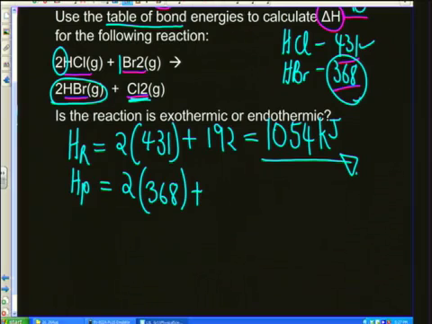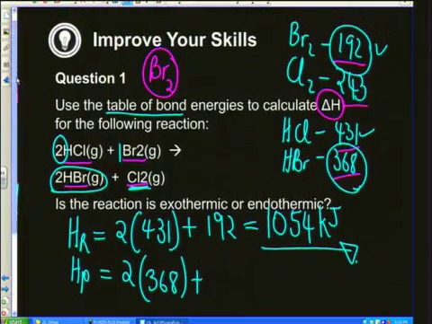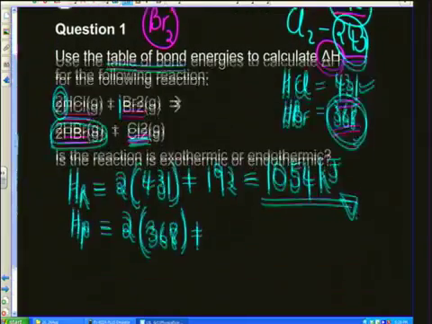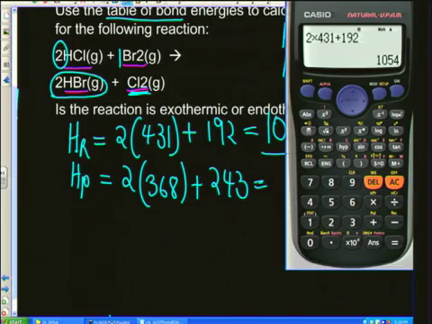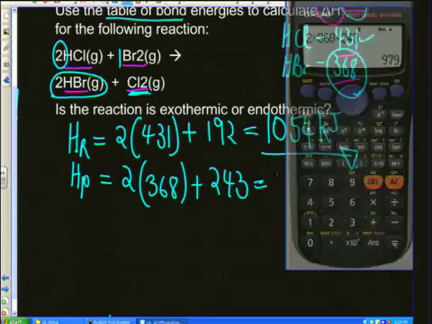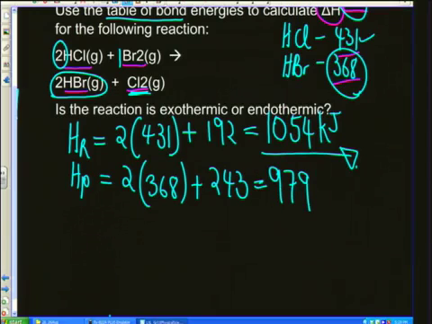From our table, Cl2 is 243, so plus 243. Let's use a calculator: 2 times 368 plus 243. I get 979 kilojoules. This is actually kilojoules per mole, for every mole formed or broken.